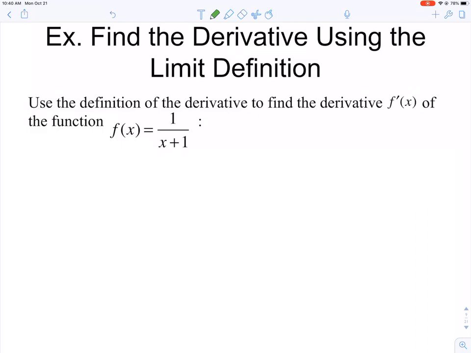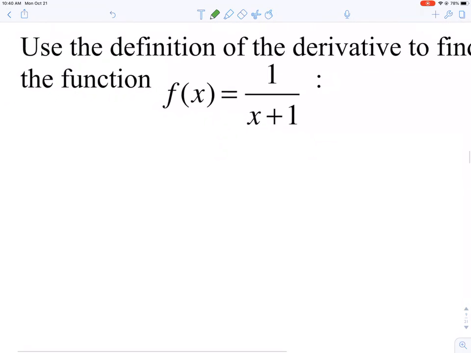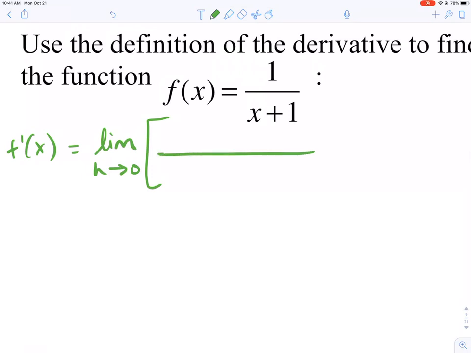Okay, so let's find the derivative for this function. So f prime is equal to the limit as h approaches 0 of the difference quotient. So that'll be 1 over x plus h plus 1 minus 1 over x plus 1 all over h.